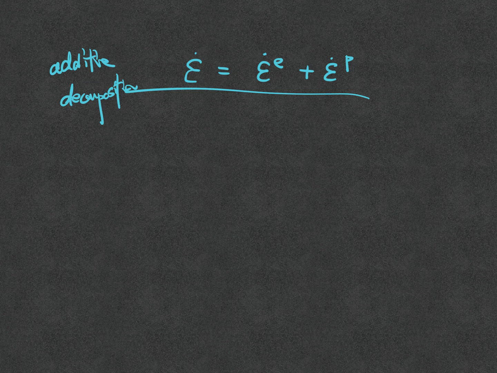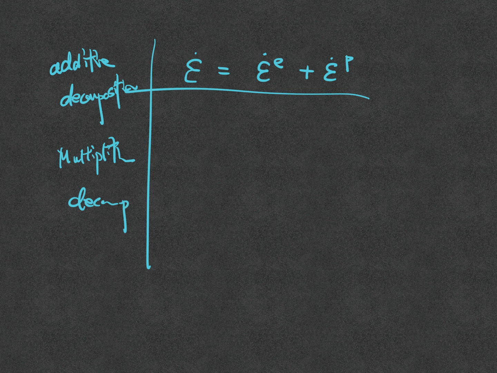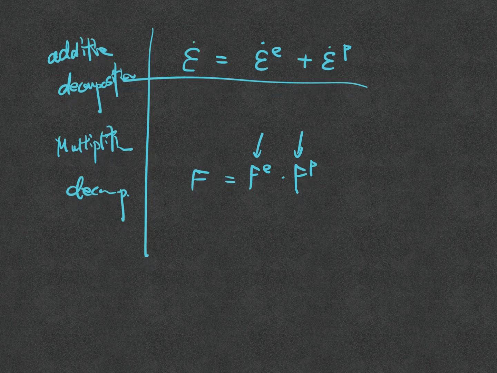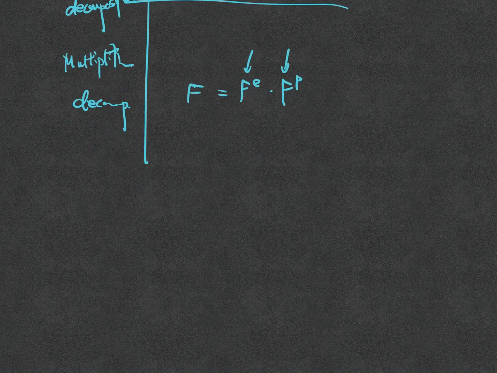Literally. But in large deformation, what you need is a multiplicative decomposition. What I mean is the following. I have a deformation gradient, and I will split it into the elastic part and the plastic part. And notice that it is always in this order in classical continuum mechanics. Why is that? There's a physical implication to it.